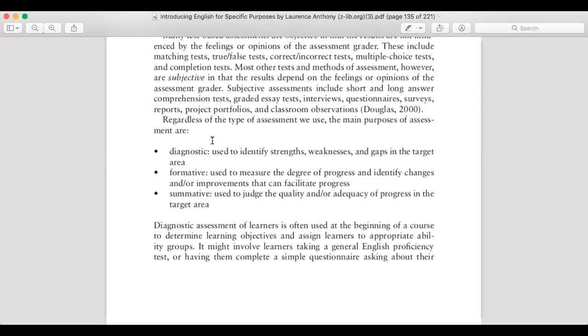Now, summative assessment is the overall assessment. In summative assessment, we try to know whether the progress is adequate. Formative assessment would tell you that the student is progressing, but you need to check whether that progress is adequate and sufficient.